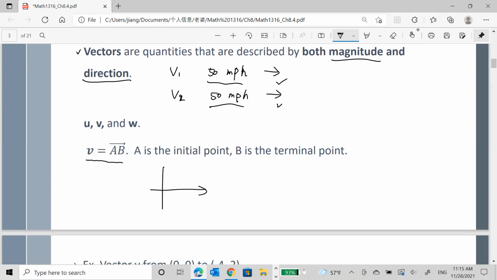So for example, I have a point A here and B here. AB means a vector starting from A and ending at B. So there is an arrow on top of AB.